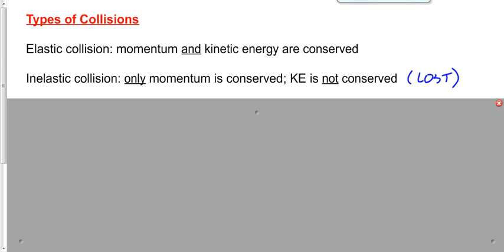So you can't possibly, at the end of it, have as much kinetic energy as what you started with. When two objects bounce apart and they're softer objects like two cars or like a basketball on the floor, then kinetic energy will almost certainly be lost. If you have two objects bouncing off of each other that are hard like billiard balls, then you've got a better chance of being elastic.